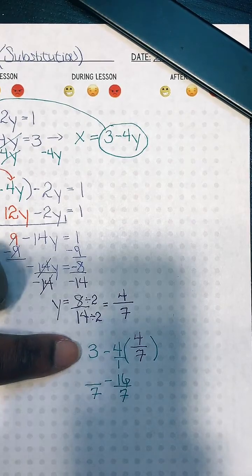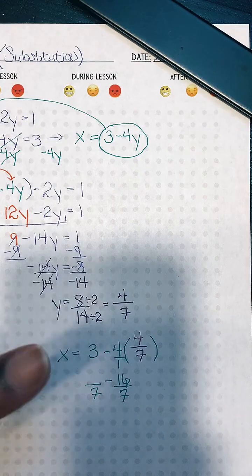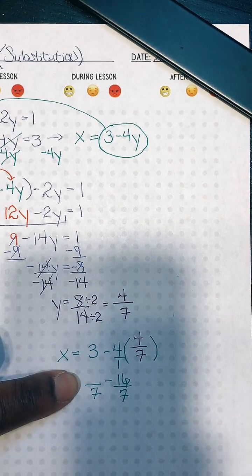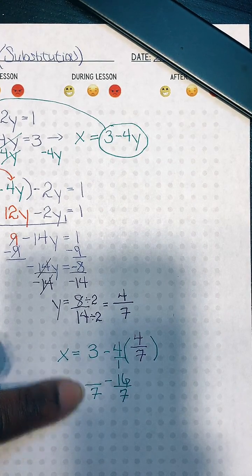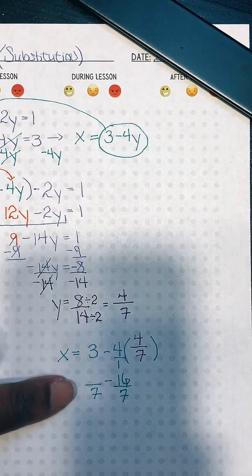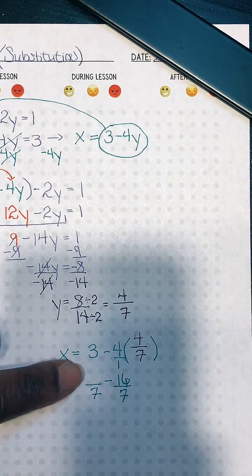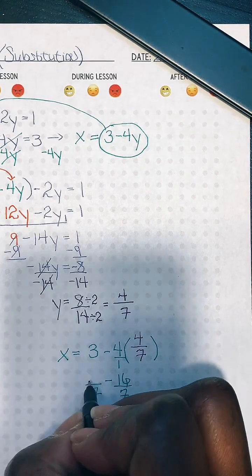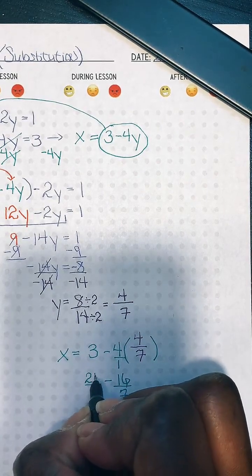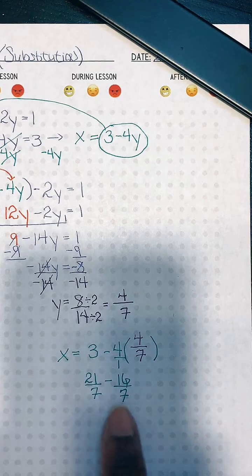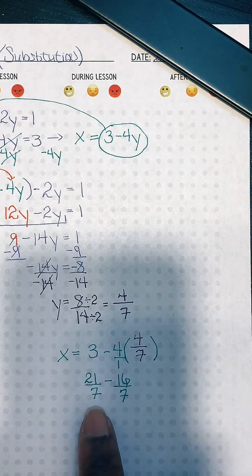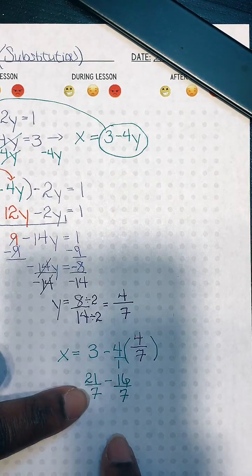I'm converting this whole number 3 into a fraction that has a denominator of 7. If I multiply the 3 and the 7, that will be 21/7. In order for me to add or subtract, I need to have a common denominator. I need to have a 7.